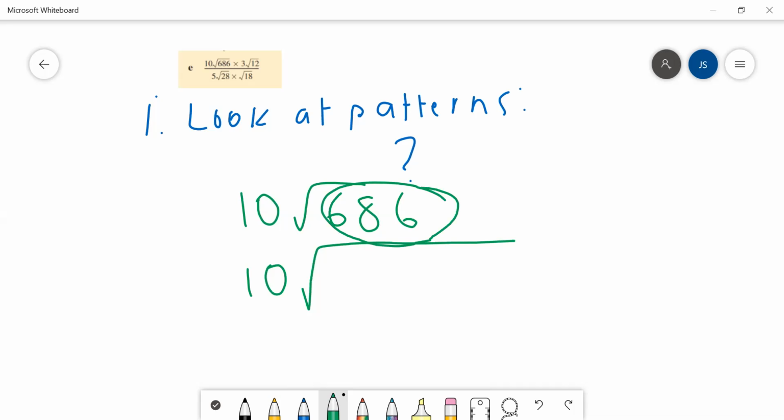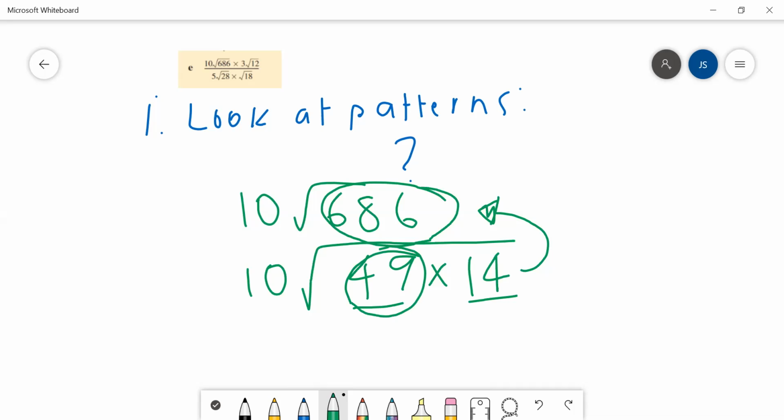That doesn't work. 16. We'll try 25. Nope. 36. Nope. 49. All right, bingo. 49 lots of 14 is the same thing as 686. Out of those two numbers, one of them is a perfect square number, and the whole reason why we divided by 49 was to see how many times it goes in.